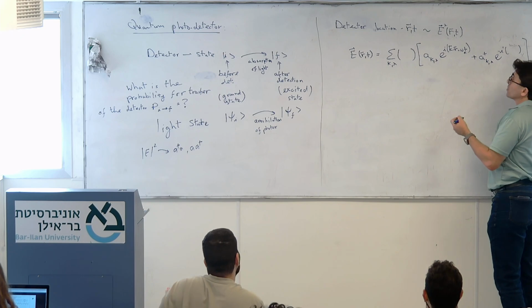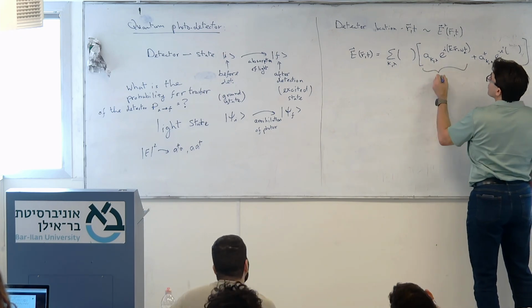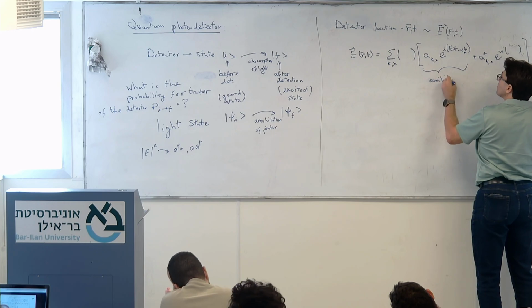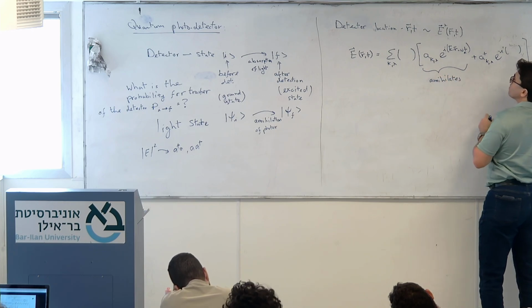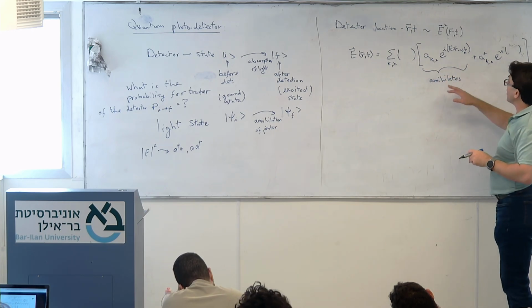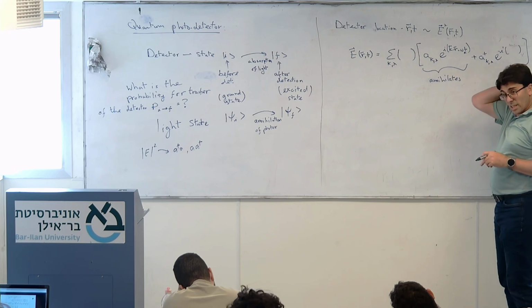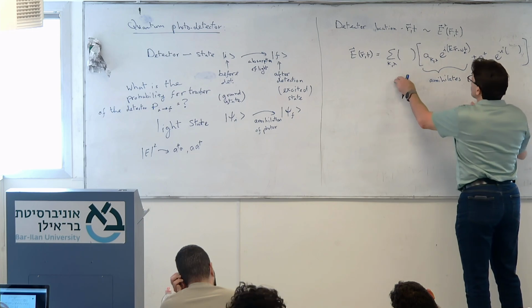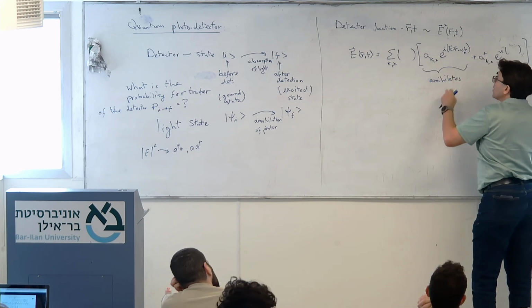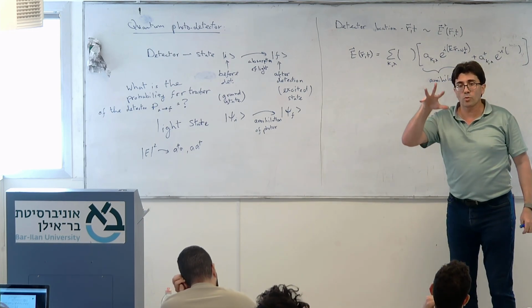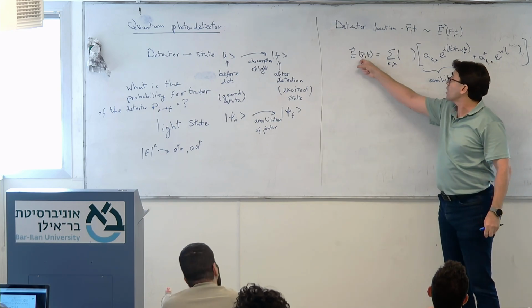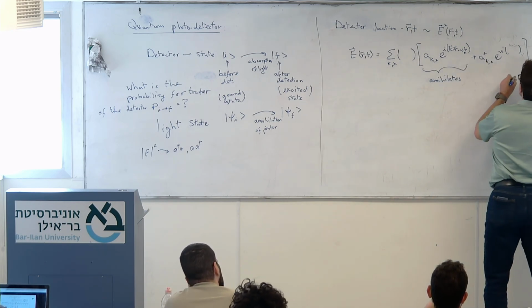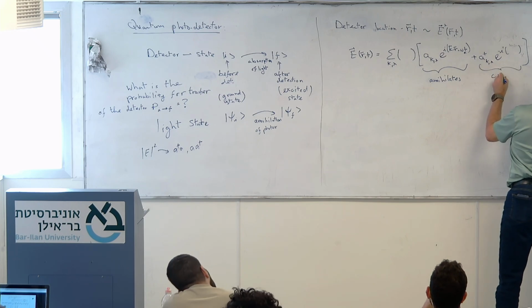That's the general field. But this part annihilates. It's a sum of annihilation of all modes, and that part is what tells me I'm going to annihilate a photon at location R and time t. And this one is all creation.